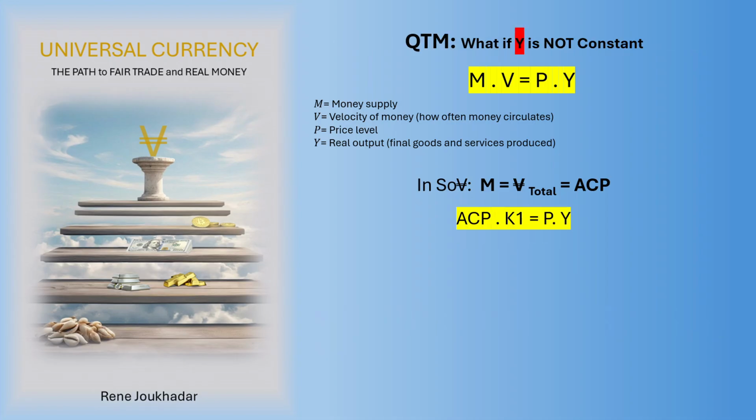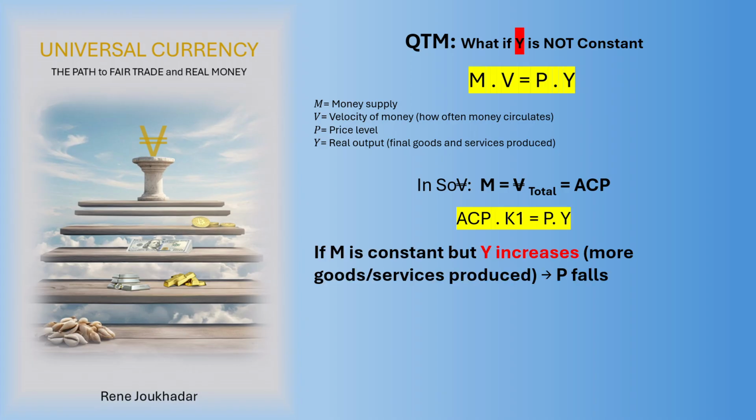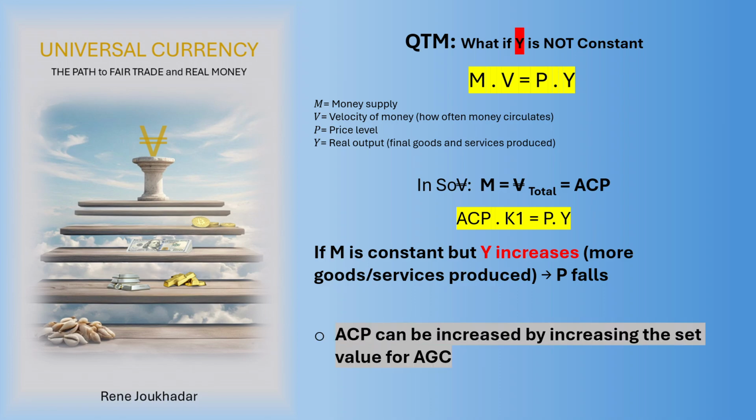Let's consider a scenario where Y is not constant. So if the money supply is constant but Y increases, that is, more final goods and services are produced in the economy, then the prices should fall. But the SOV has a mechanism that can mitigate that. The ACP can be increased by increasing the set value for the AGC.